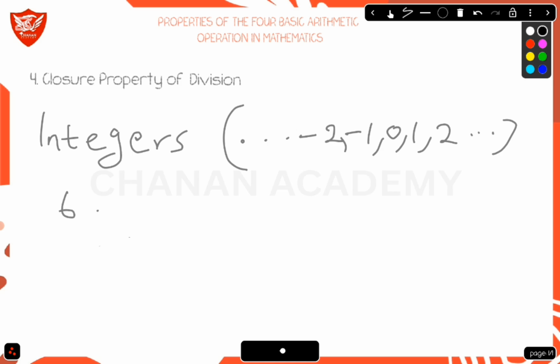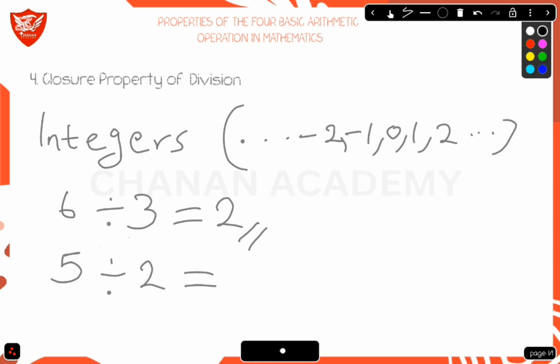So let's see, 6 divided by 3, the answer is 2, and this is an integer. How about we try 5 divided by 2? The value will be 2.5, and this is not an integer.